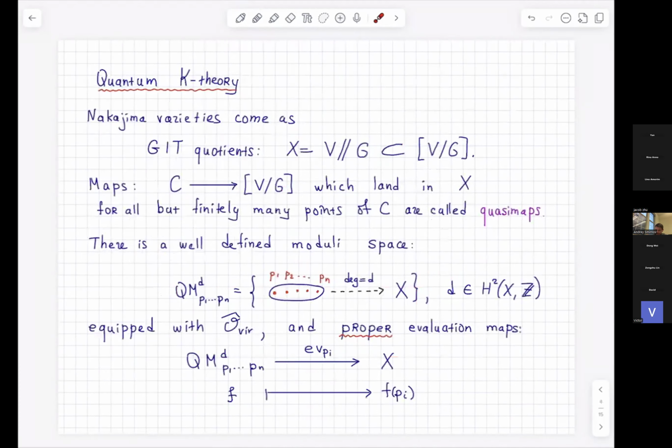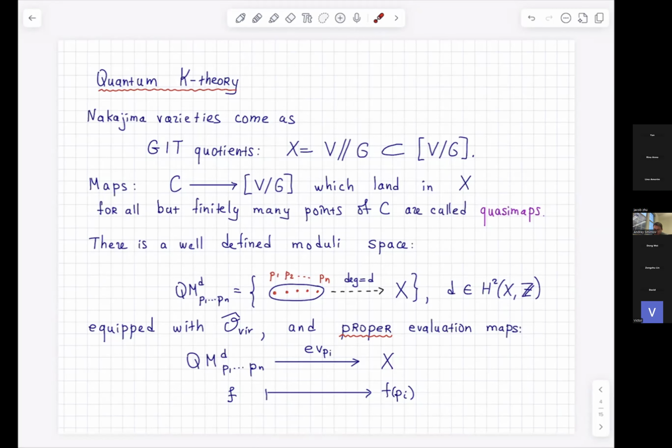Okay, so first let me make a small detour to quantum K-theory of Nakajima varieties. Nakajima varieties, by definition, come as GIT quotients of some vector space. You have a quiver, you have a representation of the quiver, and you take a GIT quotient with some stability parameter.